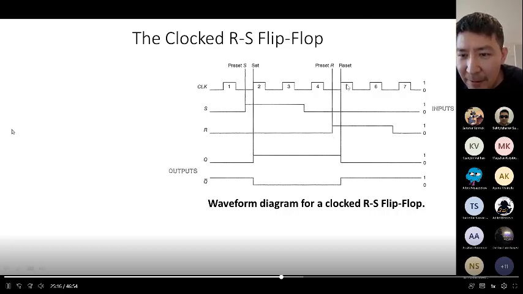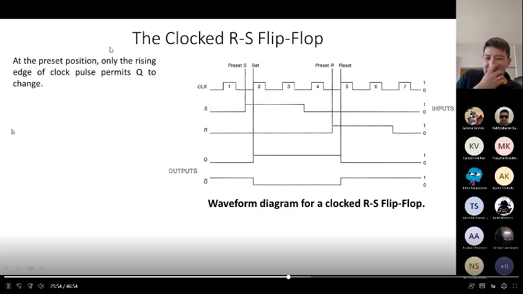Pulse 5 gives that signal, and on this rising edge the output triggers: Q changes from high to low, and not Q goes from low to high. Then reset is still high and set is still low, and pulse 6 doesn't affect the outputs. Then it goes to hold mode again, and pulse 7 also doesn't affect the outputs.